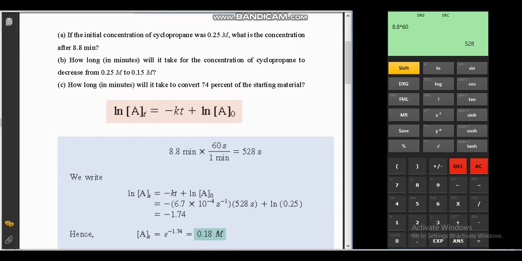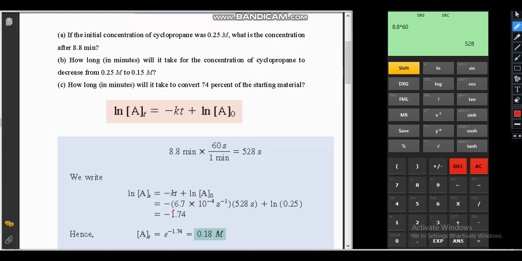Now, because the K value is in seconds, we want to convert the time to seconds so that we have uniform units. So now that we have the time, which is 528 seconds, we can plug our values into the equation.